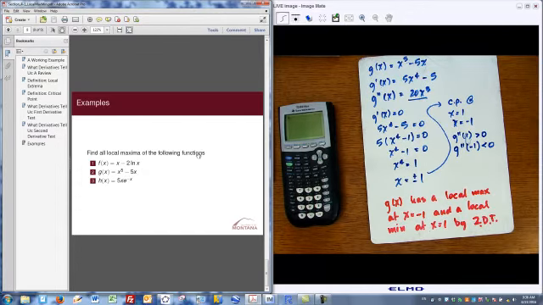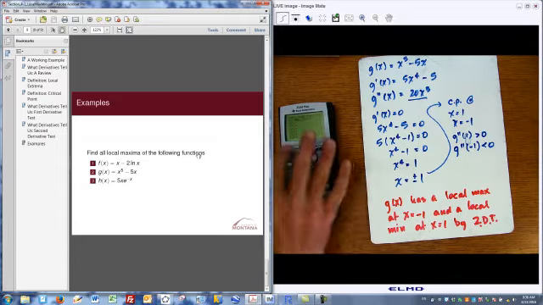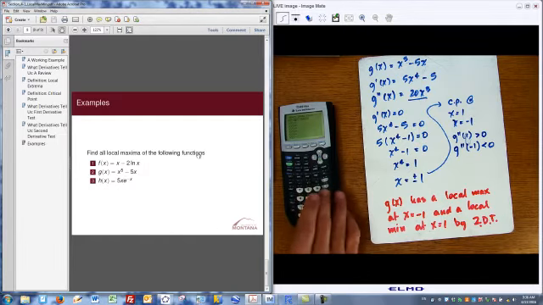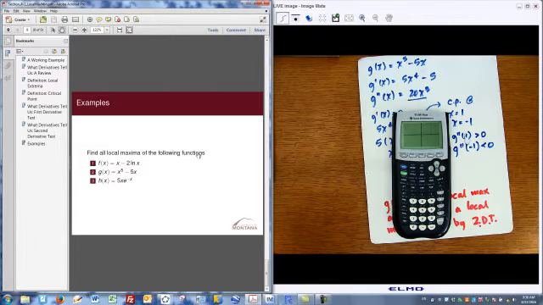Let's take a look at the graph of the function just to make sure we got it right. I'll clear this out and put in x raised to the 5th minus 5x. So I'll zoom 6 on my graphing calculator, and sure enough, it does appear that there is a local max and a local min.